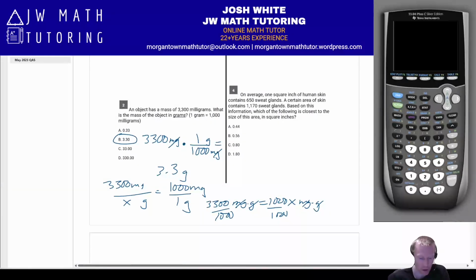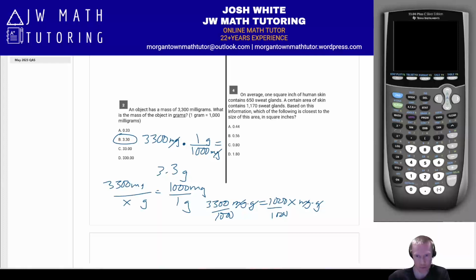All right, number 4, this problem is kind of like a proportion type problem. It actually can be solved the exact same way as number 2. So they tell you 1 square inch has 650 sweat glands. How many square inches would have 1170?